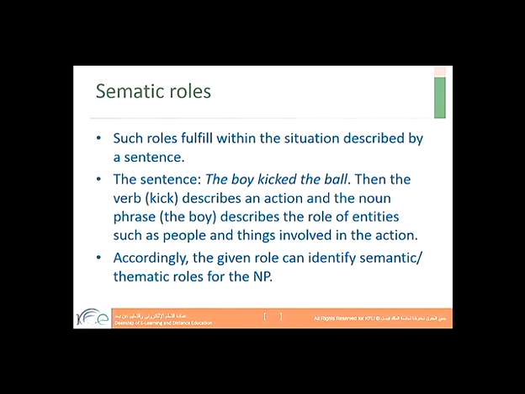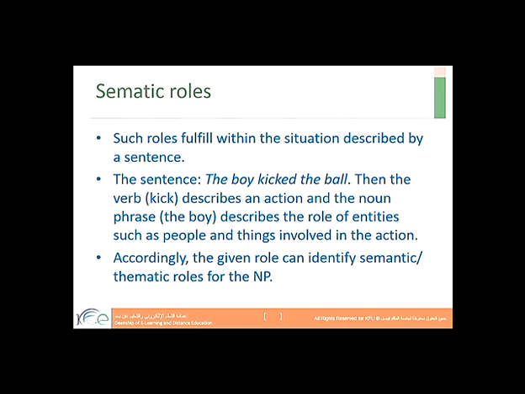Okay, so here we have a verb which describes an action, and we know that the purpose of a verb is to describe an action, and we have a noun phrase, the boy, which can also describe the role of entities. These entities might be people, might be things, involved in the action.